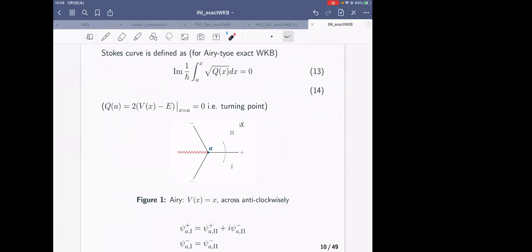Like this, when we cross this curve anti-clockwise, then the WKB function becomes like this. And here, the Stokes curve has an index, which means which WKB function, I mean psi plus or psi minus, exponentially grows or not. I mean, in this direction, psi plus exponentially grows, but psi minus exponentially decays.